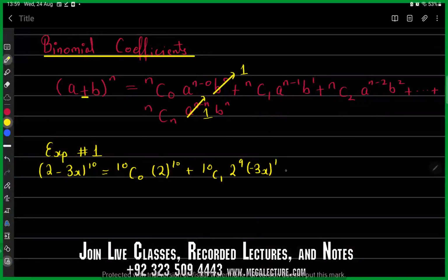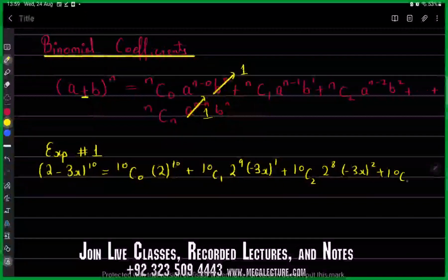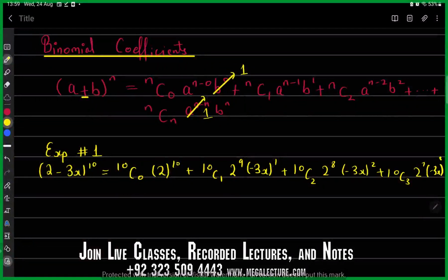The third term is going to be 10C2, 2 power 8, and then (minus 3x) power 2, and then the fourth term is 10C3, 2 power 7, and (minus 3x) power 3. And that is it.